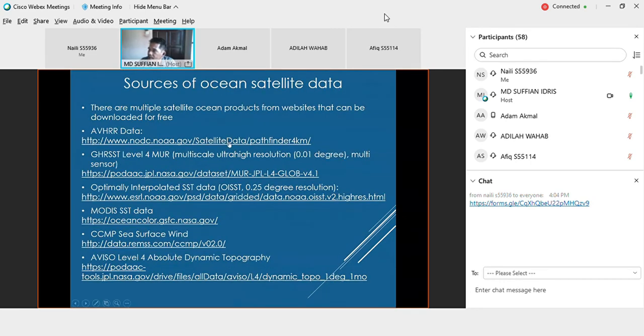So the sources of satellite data, I have explained that, I think I have shown it. There is AVHRR data, you can get it free, GHRSST, Group for High Resolution SST, level 4, and its resolution is about 0.01 degrees, which is 1 kilometer. And then there is optimally interpolated SST, 0.25 degrees, which is about 25 km resolution.